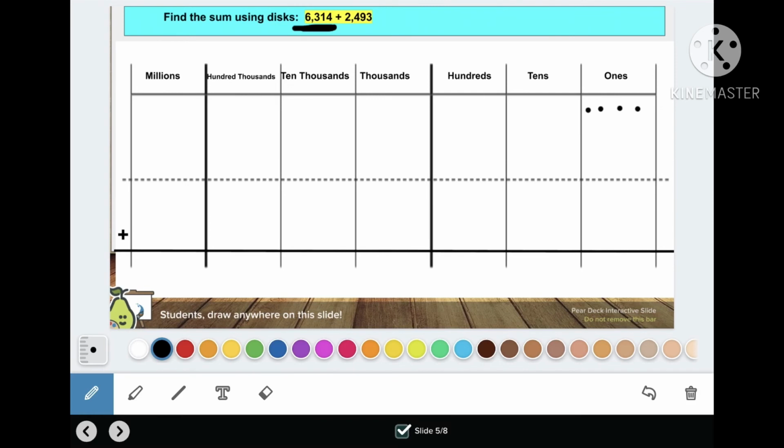How many tens do I have? Awesome job. 1. Only 1. How many hundreds do I have? Good job. 3 hundreds. 1, 2, 3. And how many thousands do I have? Good job. 6. 1, 2, 3, 4, 5, 6.